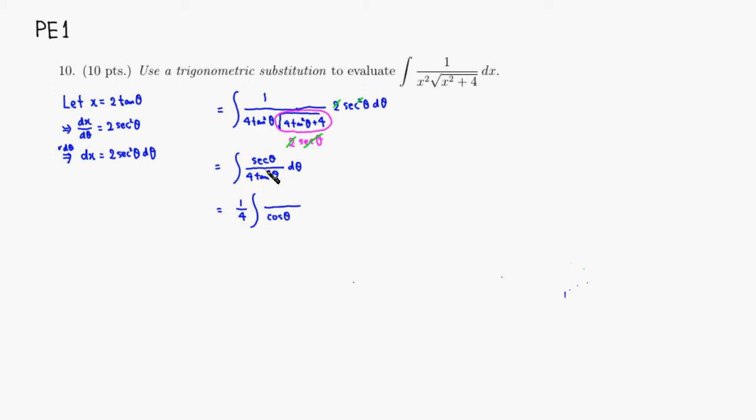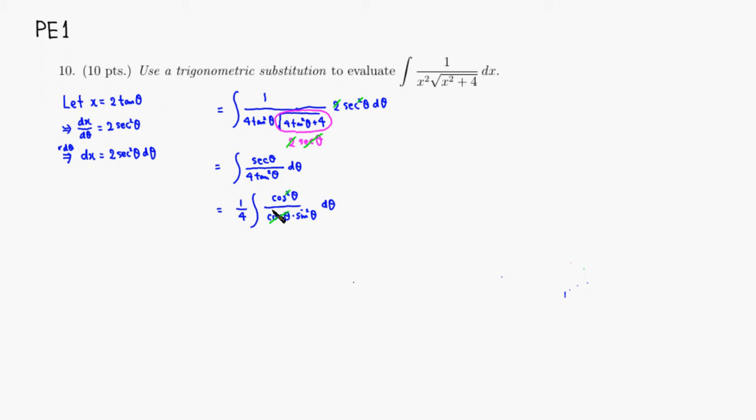Tangent squared would be sine squared over cosine squared. That's on the bottom, so it's sine squared on the bottom, divided by cosine squared. So actually I'm going to put the cosine squared up here, because it's reciprocal. And then you have a d theta. Then we can also cancel cosine of theta here, and scratch this out.